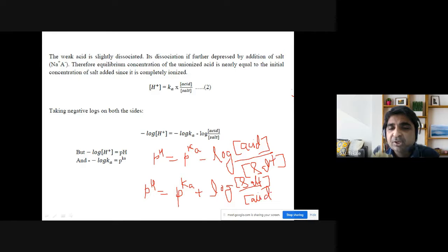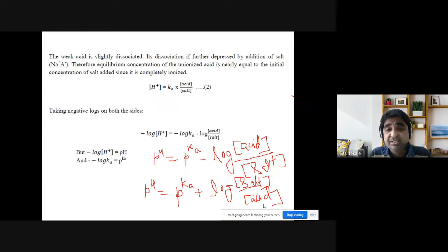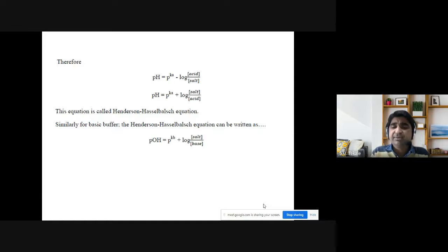So pH is equal to pKa plus log of concentration of salt upon concentration of acid, which is nothing but the very famous Henderson equation, also called the Henderson-Hasselbalch equation. And therefore, pH is equal to this term, or if I want to remove this minus sign, I need to take the inverse of this fraction.